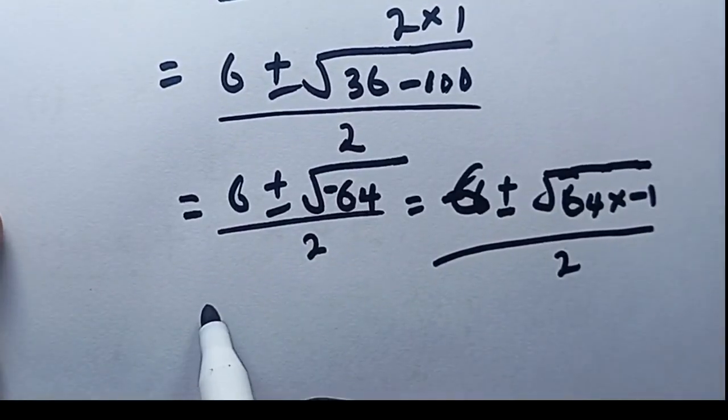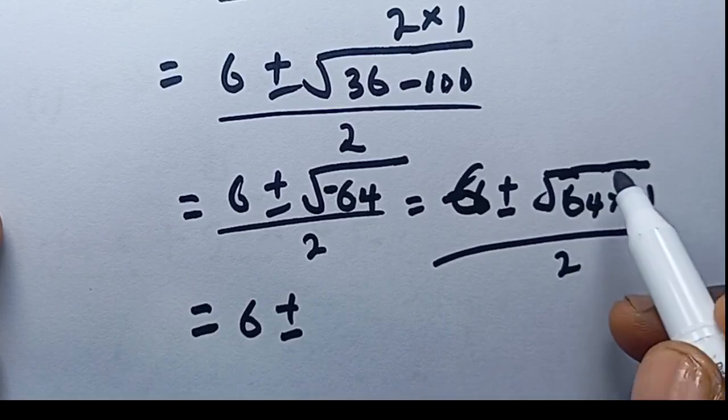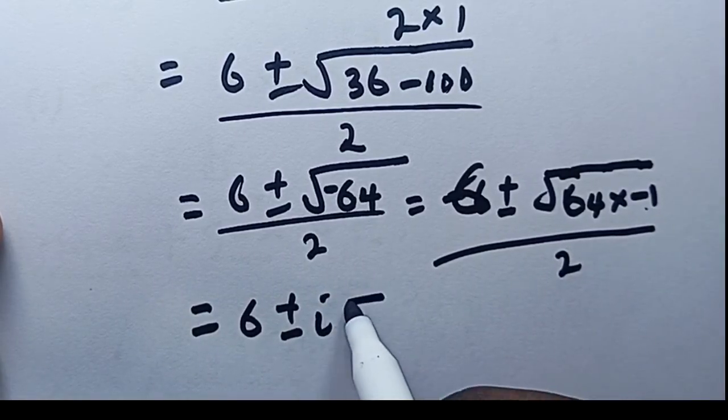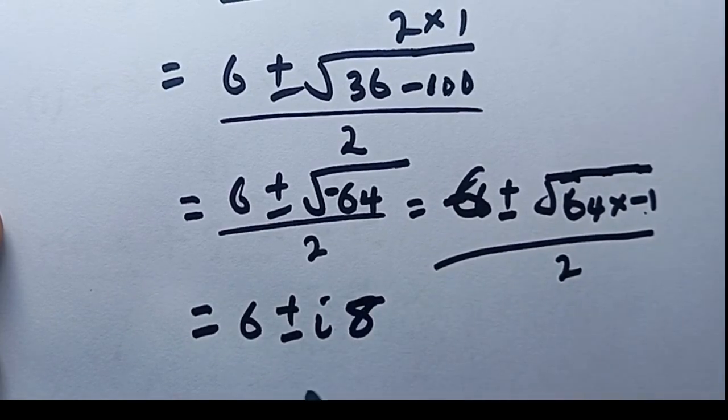Okay, so that when we continue, this is 6 plus or minus root negative 1, which is i, and then multiplied by root 64, which is 8.